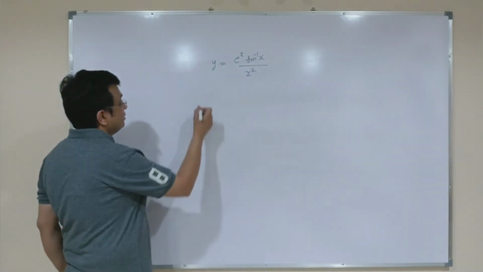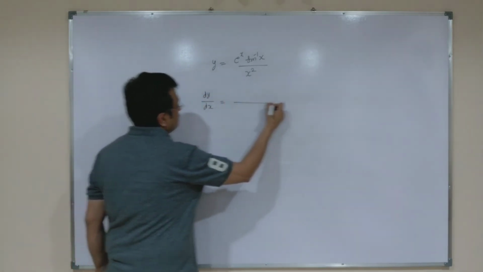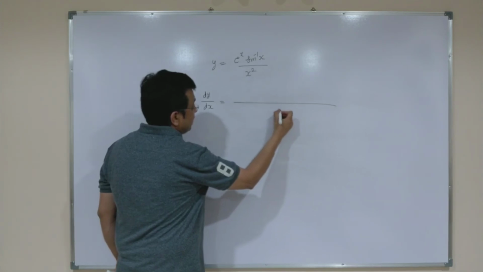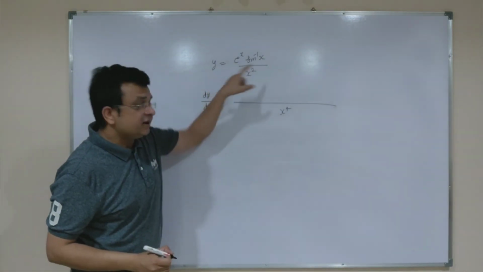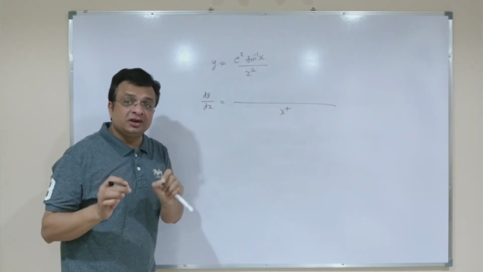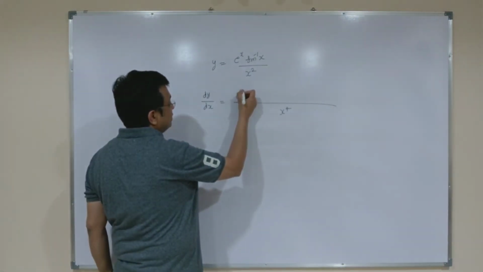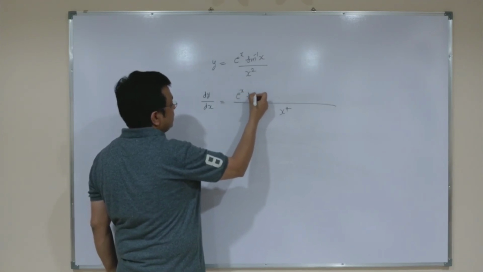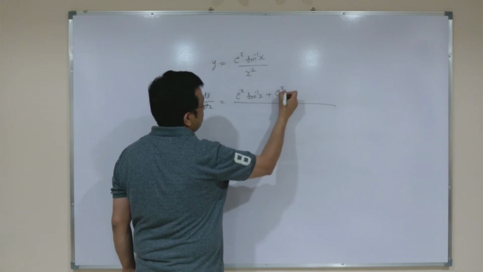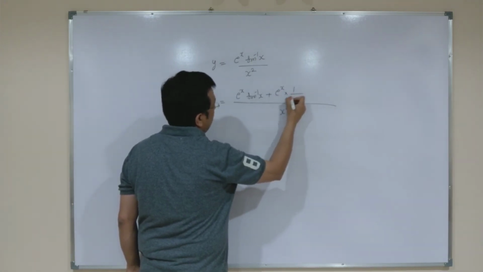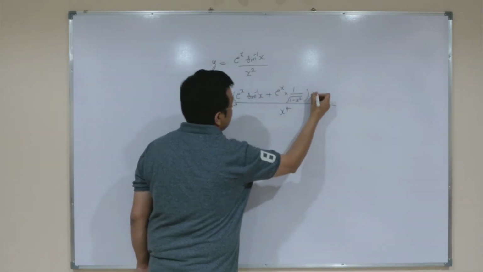So first, dy by dx is equal to, so x to the power 4 in the denominator. Now e raised to power x sine inverse x, to differentiate this I should apply the product rule. So differentiation of e raised to power x is e raised to power x into sine inverse x as it is, plus e raised to power x into 1 upon root over 1 minus x square, into x square.